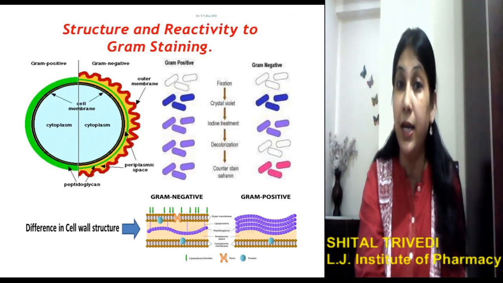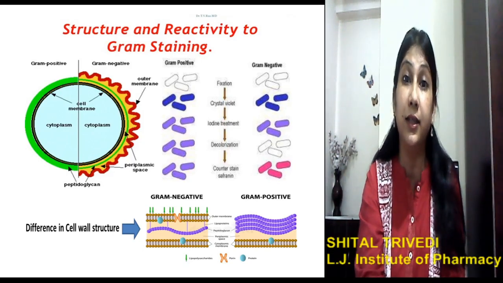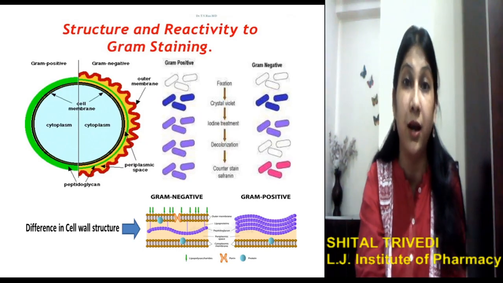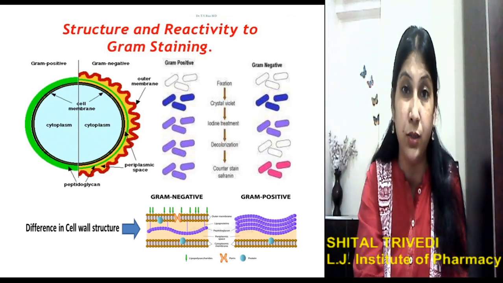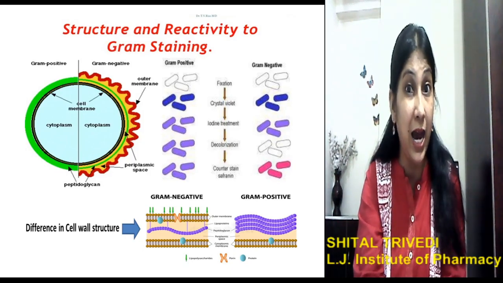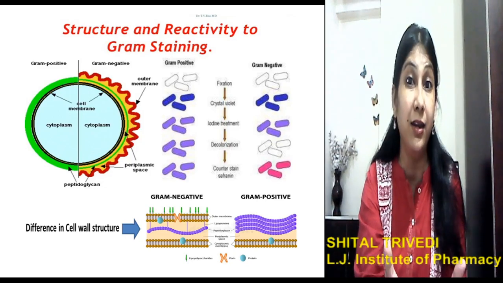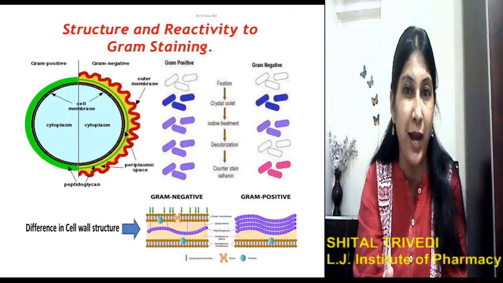In the next step, the specimen is treated with the decolorizer, that is 95% alcohol or a mixture of acetone and alcohol. The alcohol dehydrates the peptidoglycan that is present in high amount in gram positive bacteria.